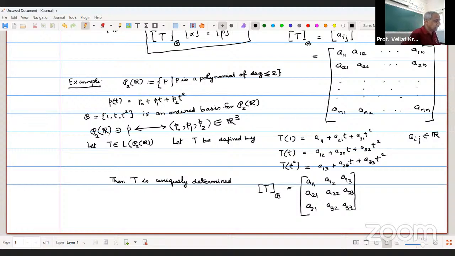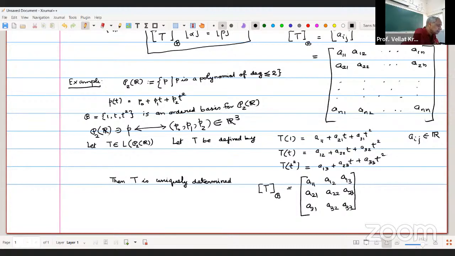So that is about the matrix representation. And you see that here, P2R is an abstract polynomial space consisting of polynomials of degree less than or equal to 2, which forms a linear space with respect to the usual addition and scalar multiplication. Each vector in that can be identified with a column vector in R3.